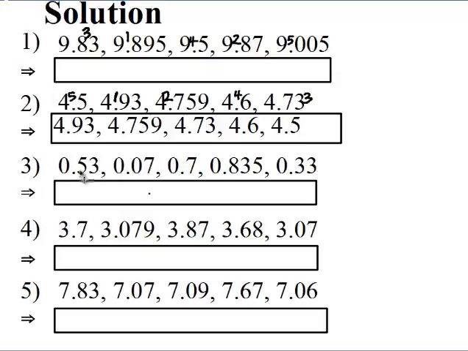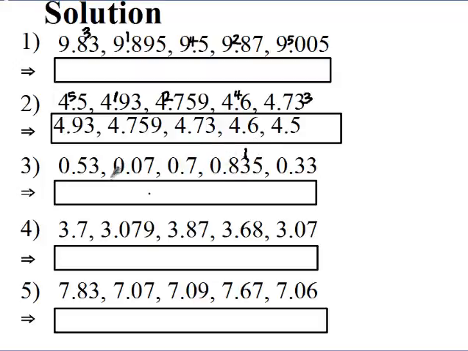Here we have 0 each in their whole number part. Then the 10th column, the biggest value is 8. So 8 is the biggest number here.